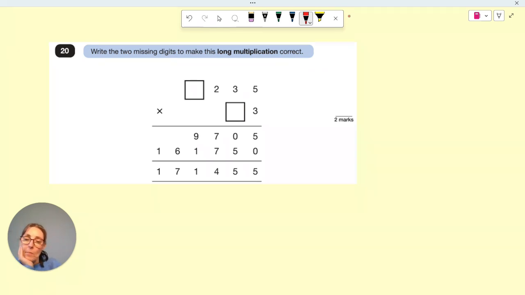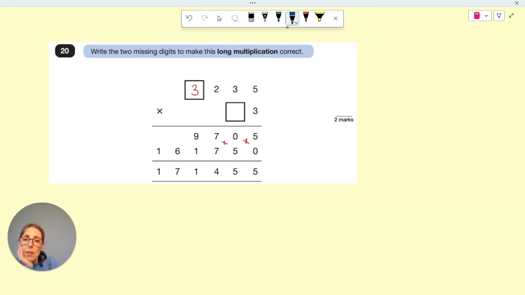Let's think. Well, 3 times 5 is 15. 3 times 3 is 9 plus 1 is 10. 3 times 2 is 6 plus 1 is 7. And 3 times something is 9. So I think that's going to be a 3. Let me go through that again.